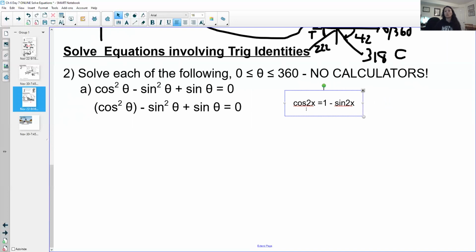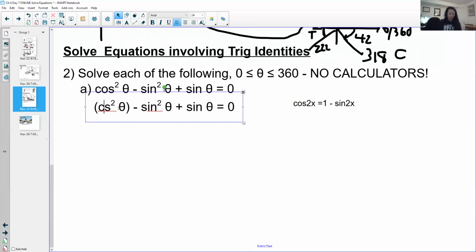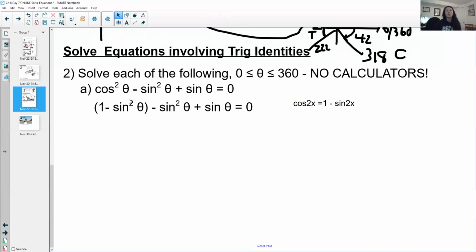And you should get cos squared x by itself. So I'm going to replace cos squared theta with 1 minus sine squared theta. Okay, so all I've done is I've replaced this with 1 minus sine squared theta, which was your trig identity.